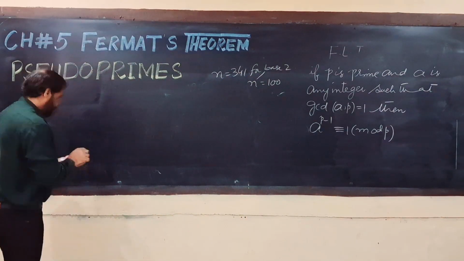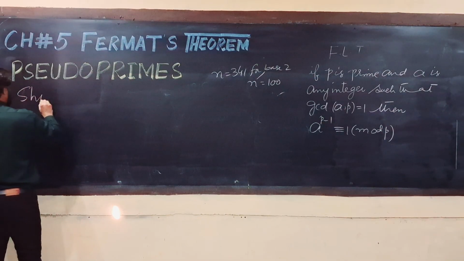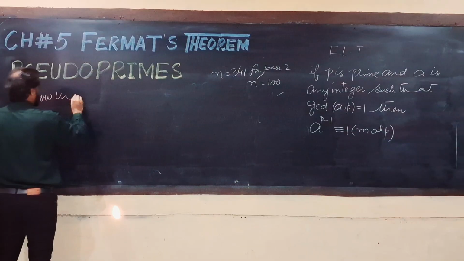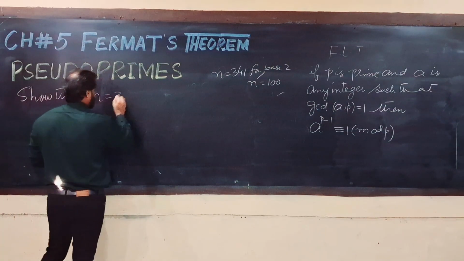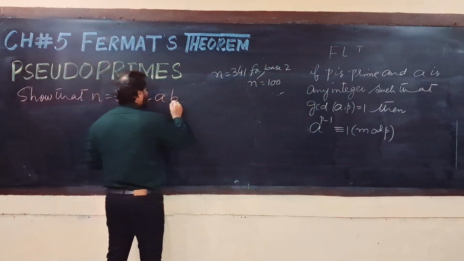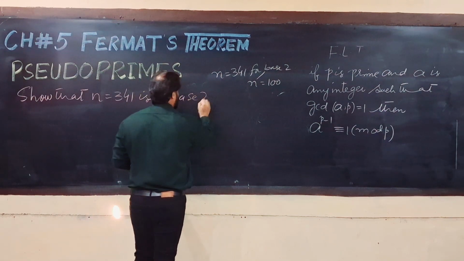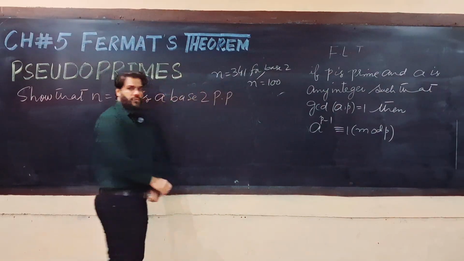Our question is, show that n is equal to 341 is a base 2 pseudoprime. What we have to show?